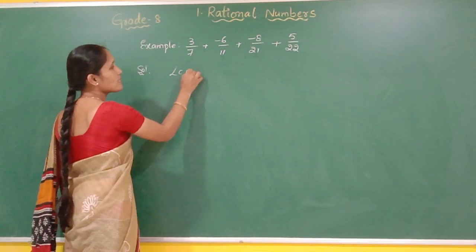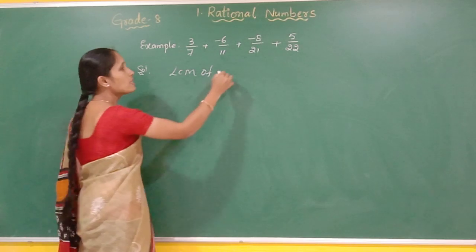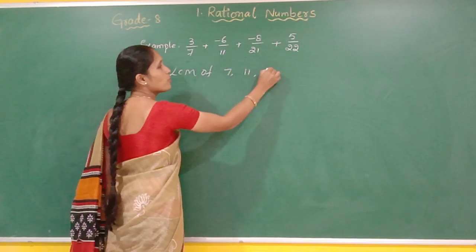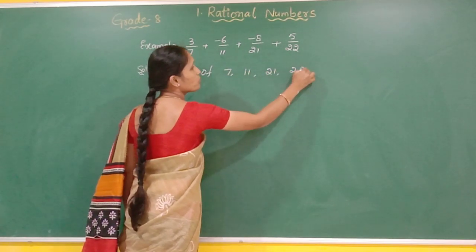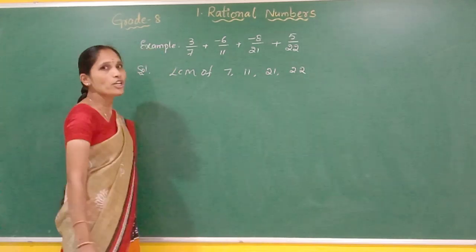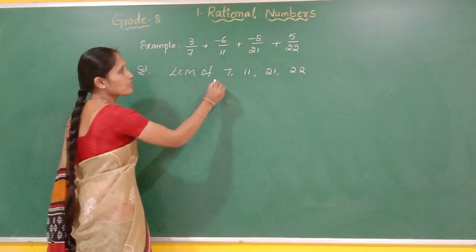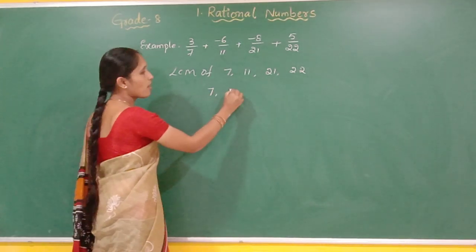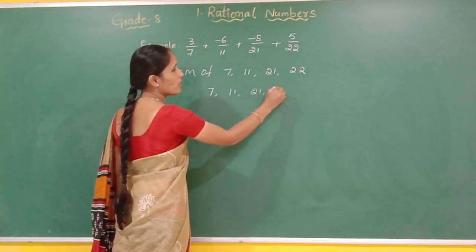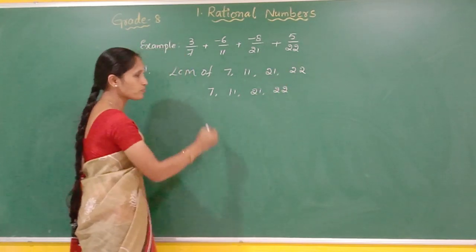LCM of 7, 11, 21 and 22. Children, do you remember how to find the LCM of given numbers? Let's recall it. See, 7, 11, 21, 22.